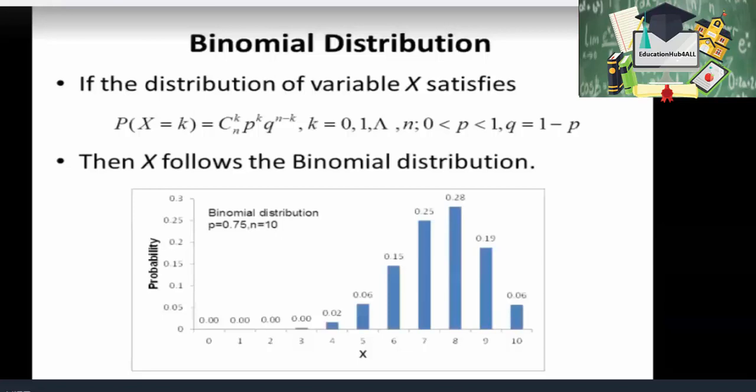So what's the probability to have the number of black chairs smaller than 2? Smaller than 2. That means you add 0 and 1.